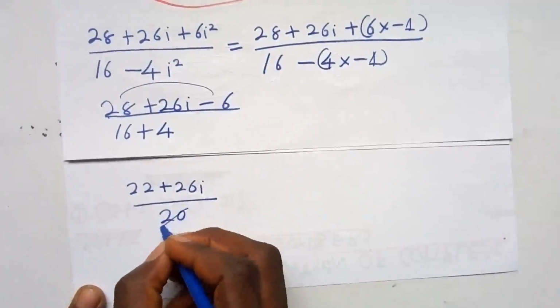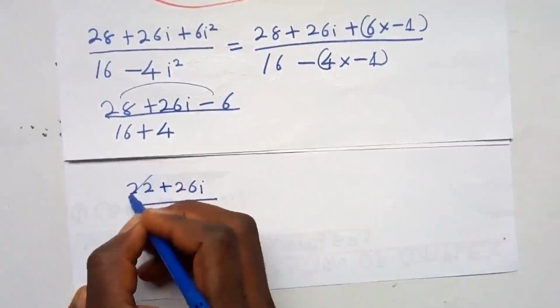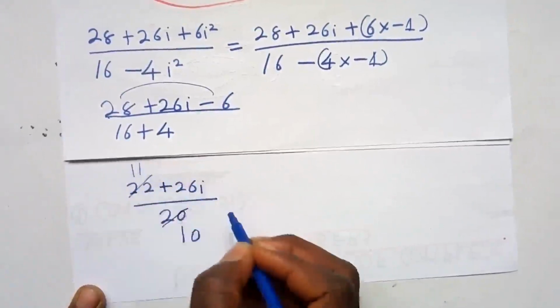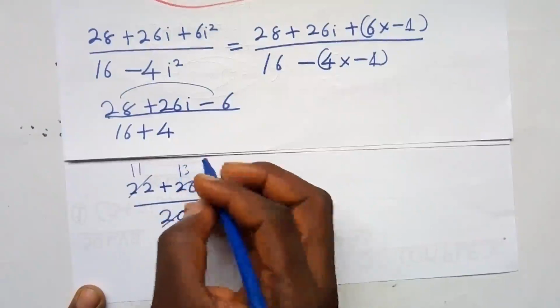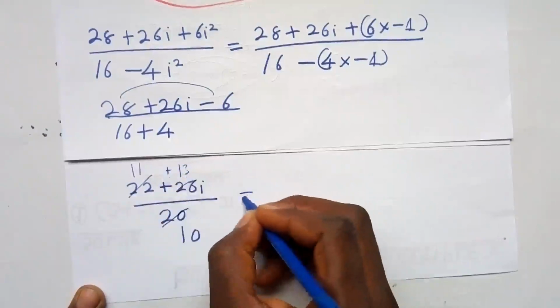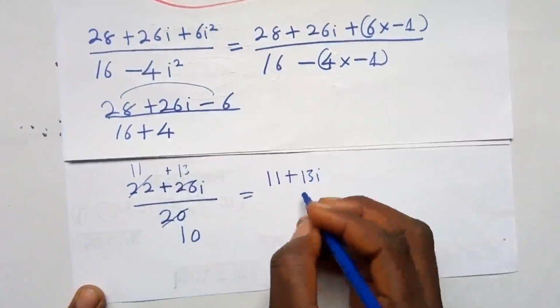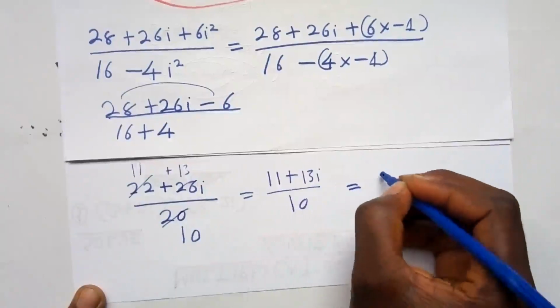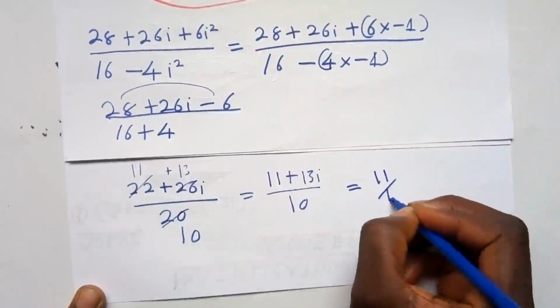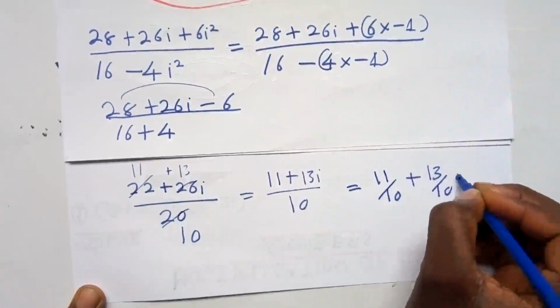So 2 divided by 20 gives us 10. We are trying to simplify. 2 divided by 22 gives us 11. And 2 divided by 26 gives us 13. This becomes 11 plus 13i all over 10, which is equal to 11 over 10 plus 13 over 10i.